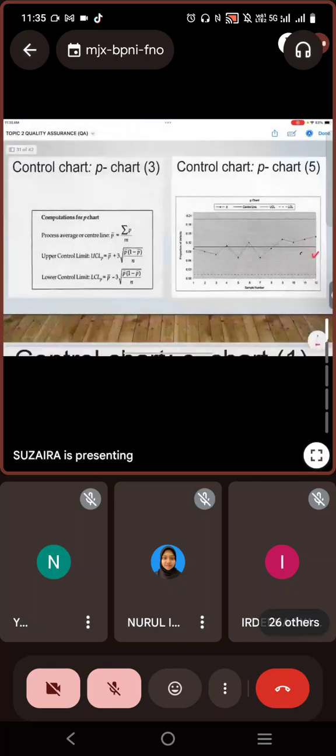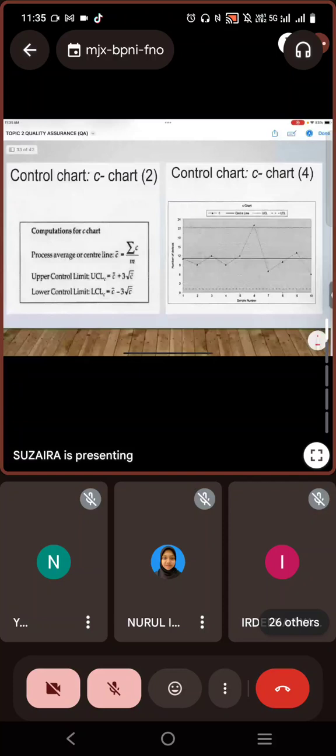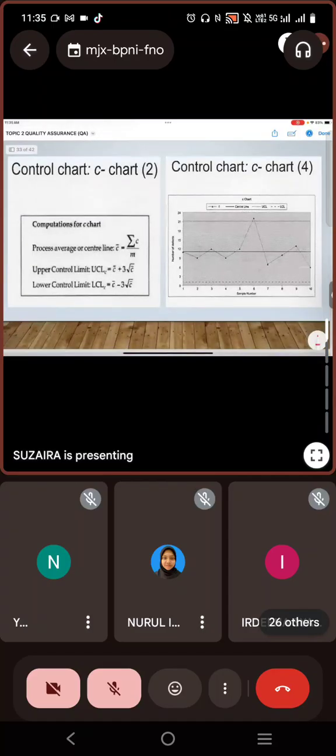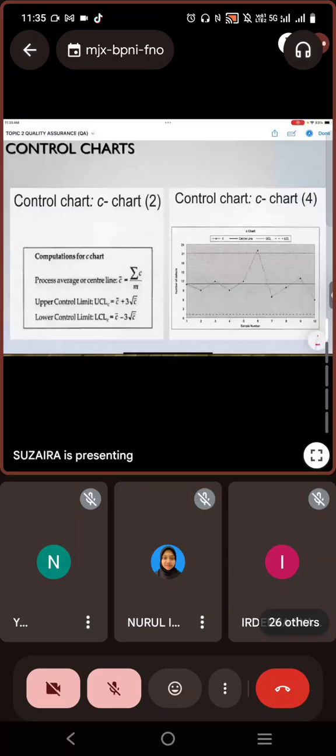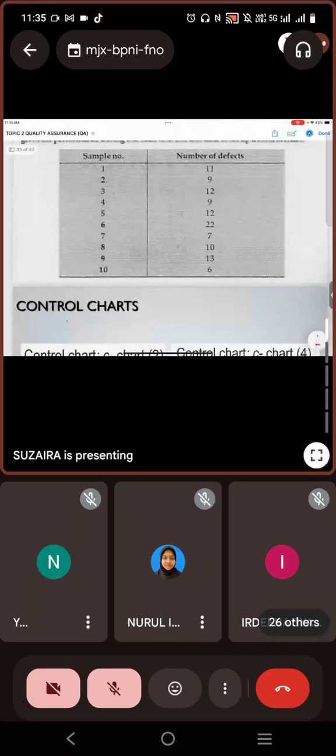They look the same, but of course you have different equations to calculate P, C, and also R as well as the X chart. So what we want to do today is go through the calculation for the P and C charts. But before that, let's take a look at the introduction.